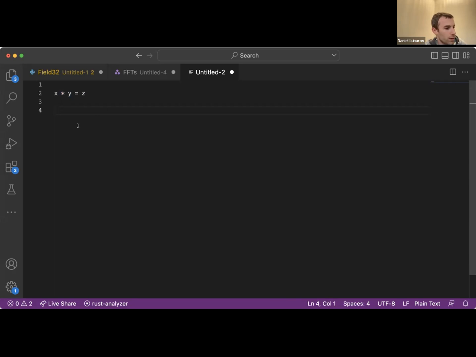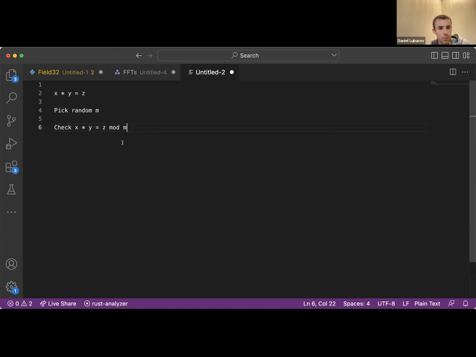So the original idea was maybe we can check it under a random modulus. So we pick some random m and check that.